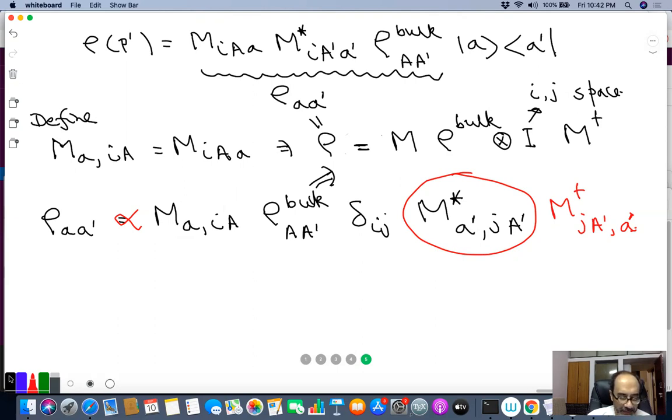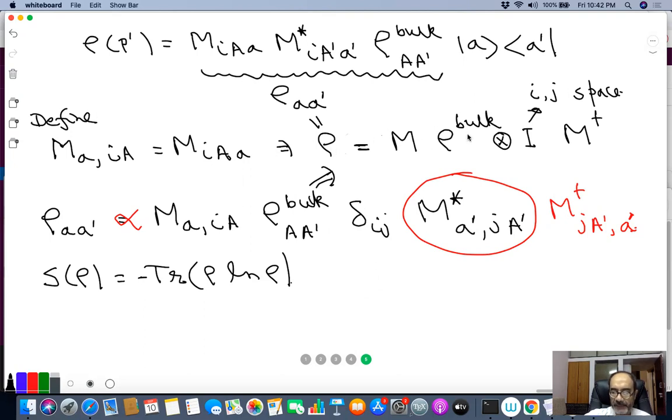So now let's calculate S of rho, which is minus trace of rho log rho. And rho is given by this. M dagger M is identity. And inside the trace, you can cyclically permute, so M dagger you can bring on this side. For example, if you have a trace of rho to the n, what do you have?